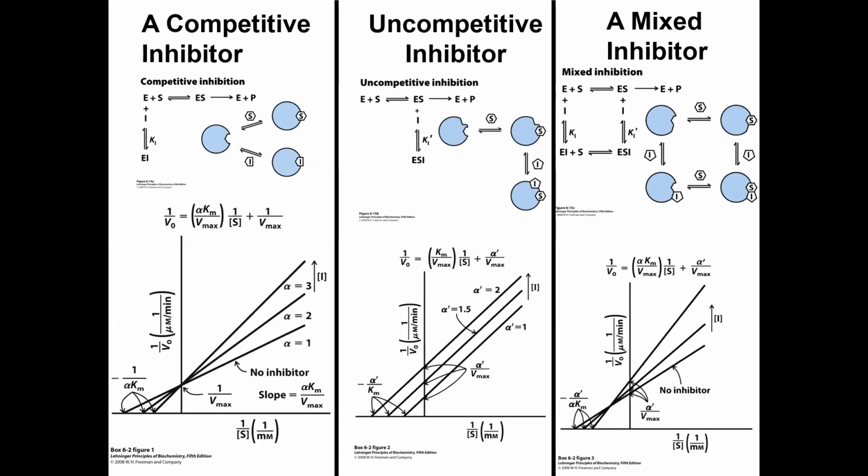This is a mixed inhibitor because you can see where they are converging. So this is one way to experimentally determine what type of reversible inhibitor you have synthesized in the lab. This is a very simple exercise, very easy to do. We do this all the time.